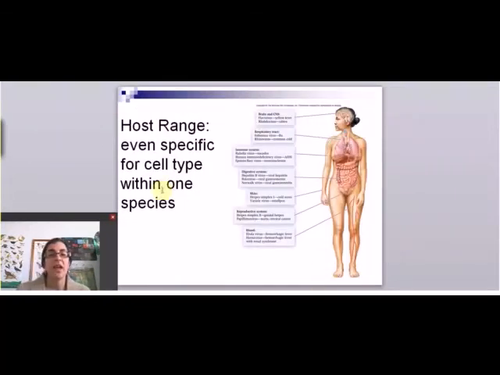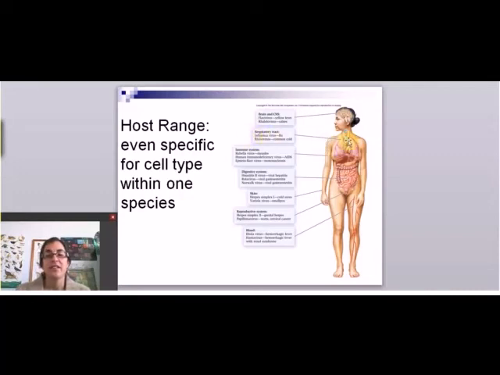This is looking at host range within cell types. Remember that host range is not just to a particular species, but even to one cell type within a species. If you look at some of the viruses that affect humans, you can see good examples of these. Ones that you've probably heard of, rabies, for example, very specifically affects nervous tissue, so the brain and the central nervous system.